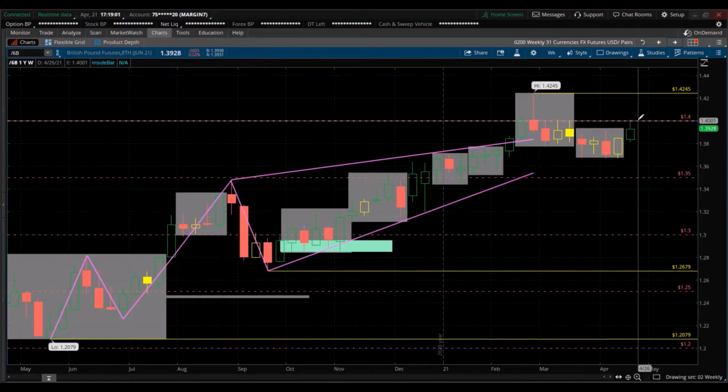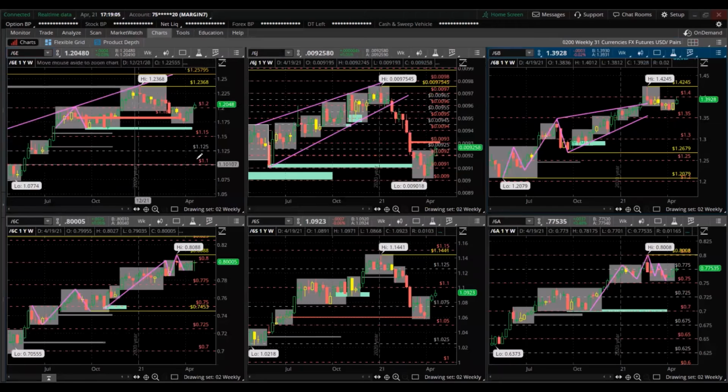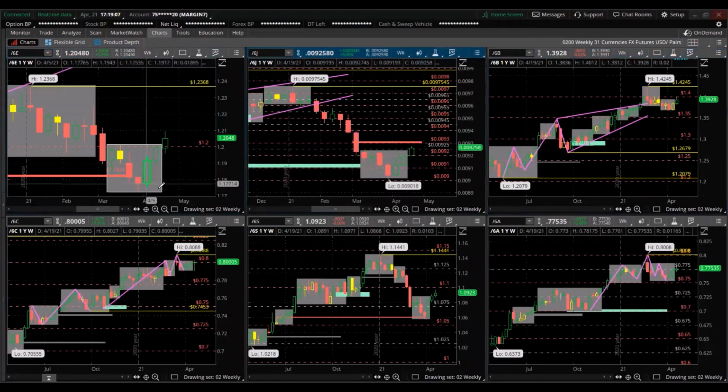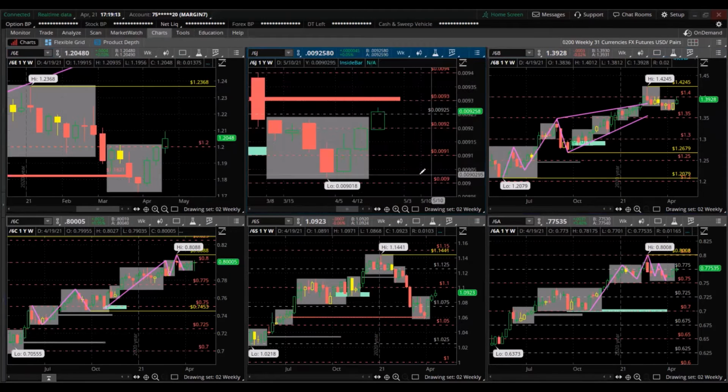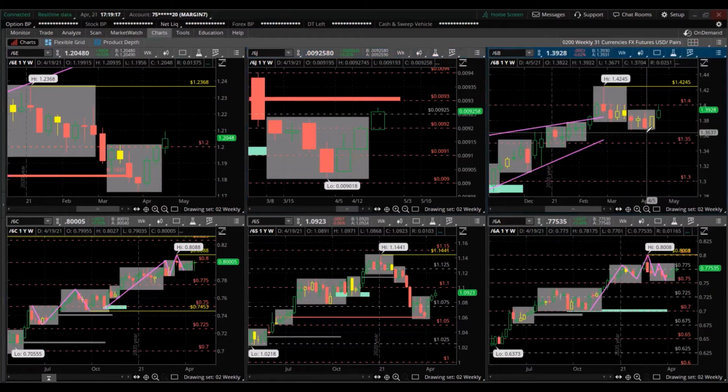Let's zoom in and see if you notice. The euro's trending, the Japanese yen is trending, but the British pound is struggling against the US dollar.